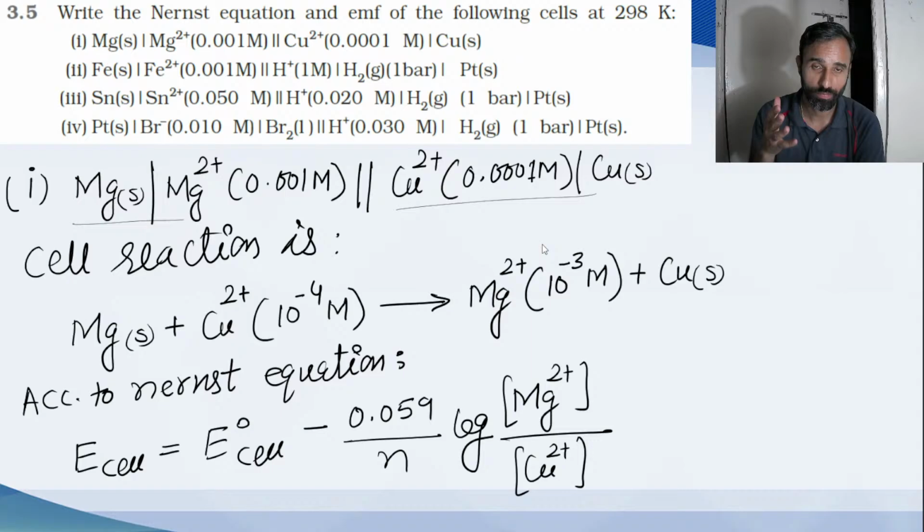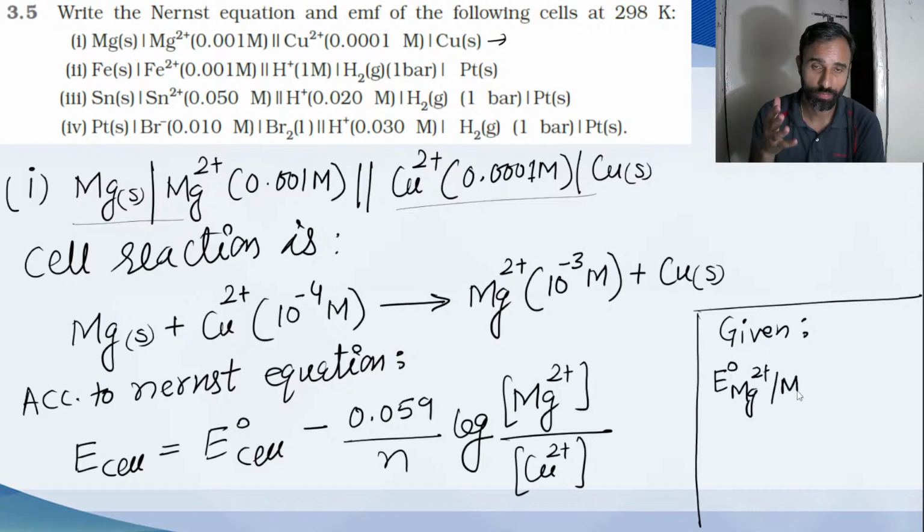Now the next part. In this case E naught values should be given to you. I will write these values here. When this question comes, values of E naught are given to you: E naught of Mg2+ to Mg, and E naught of Cu2+ to Cu.